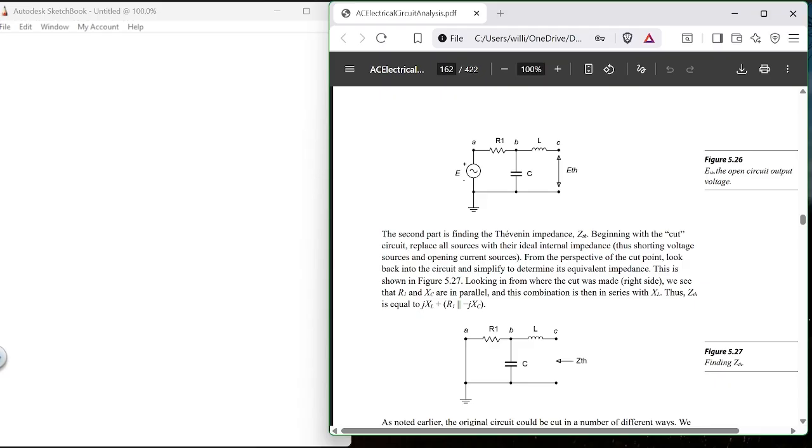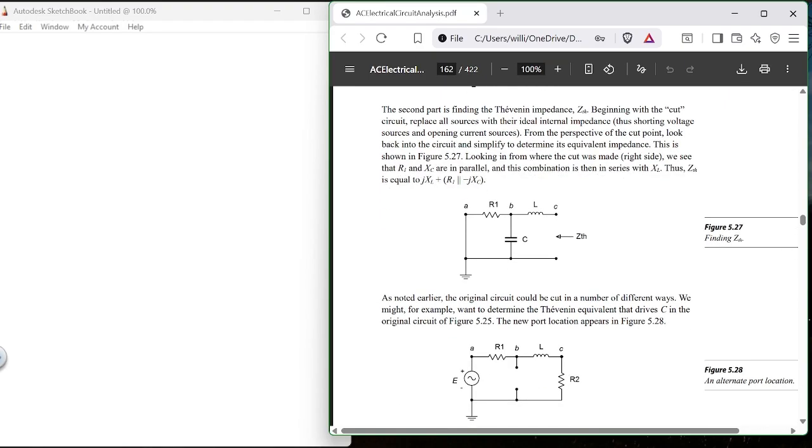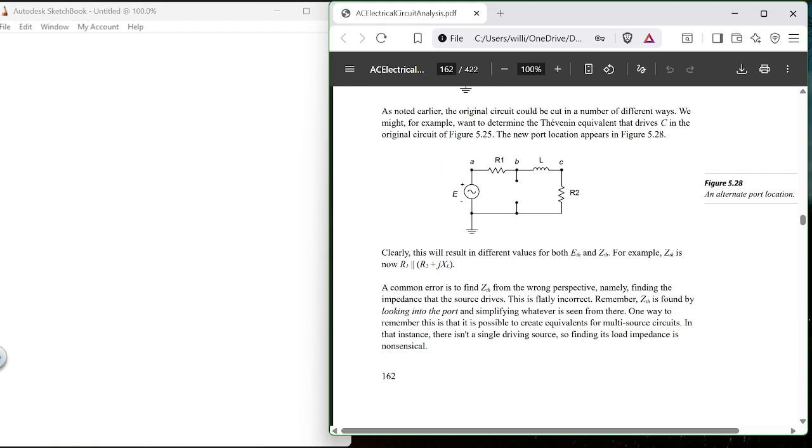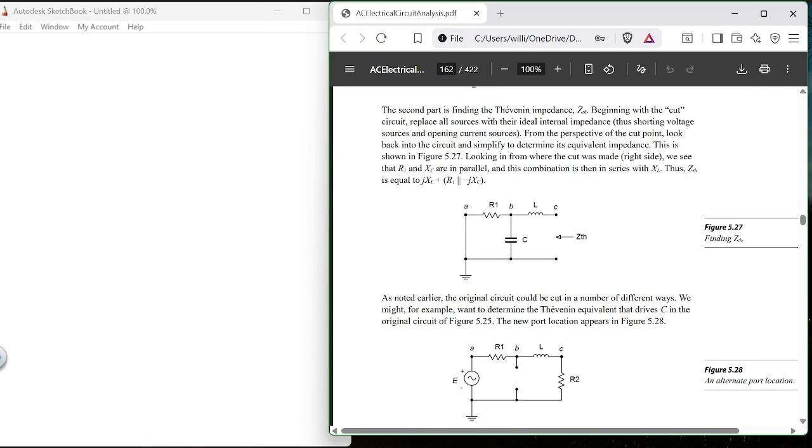This is a parallel circuit, and then you find the Z total. Then you put it back together again, with your new Z and V, okay?